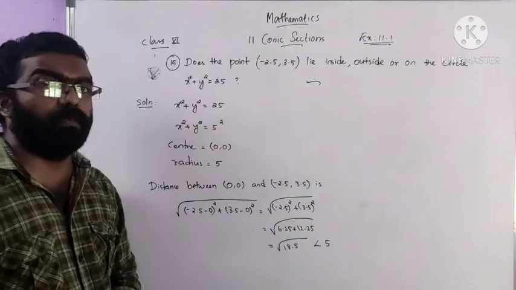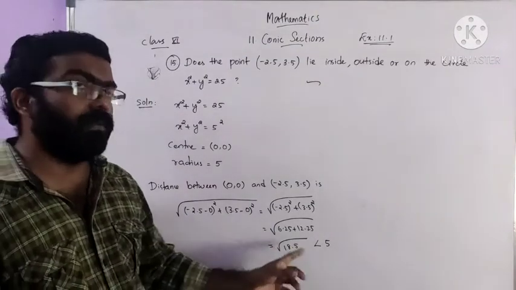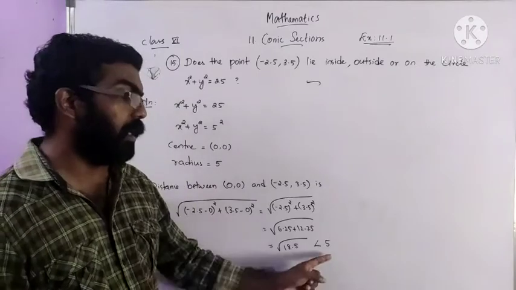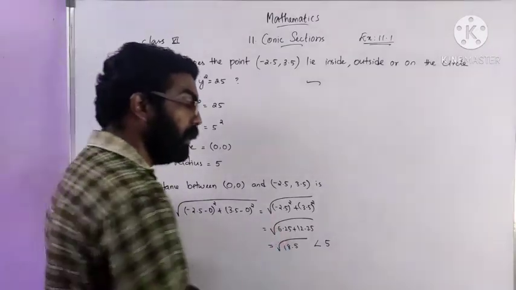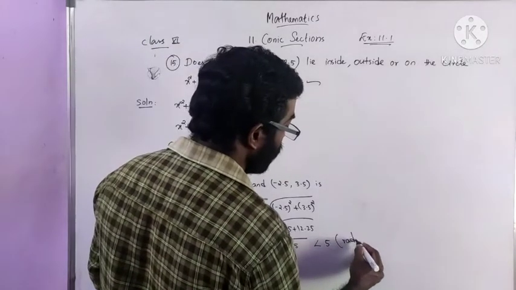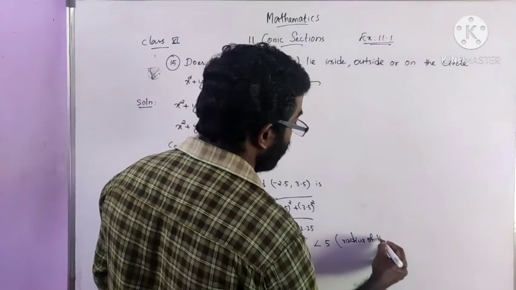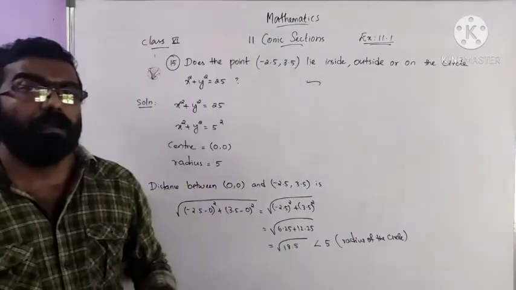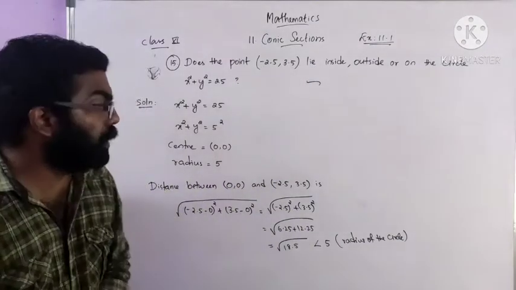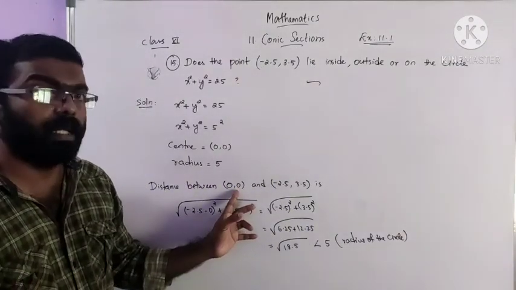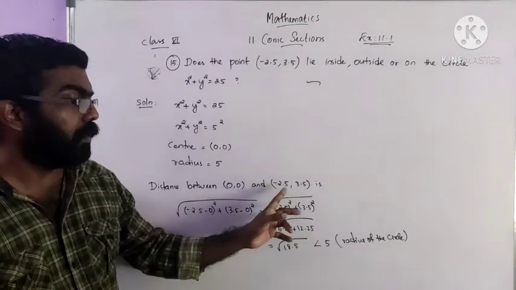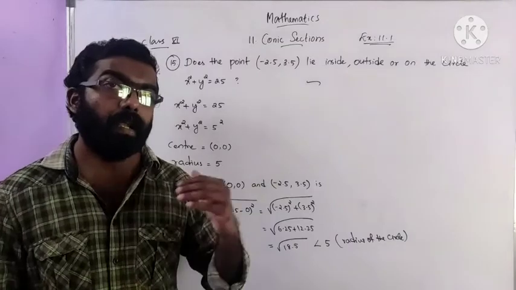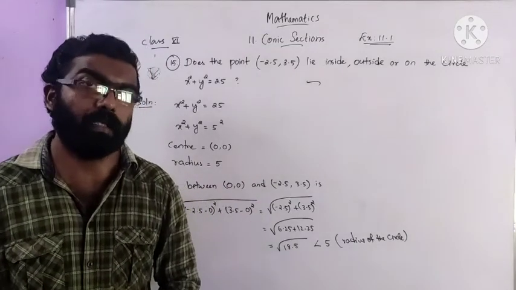And clearly root of 18.5 is a number which is less than 5. We know root 25 is 5. So root of 18.5 must be less than the number 5. Number 5 here is the radius of the circle. So what we get is the distance between the points 0, 0, that means the center, and minus 2.5, 3.5 is less than the radius of the circle.